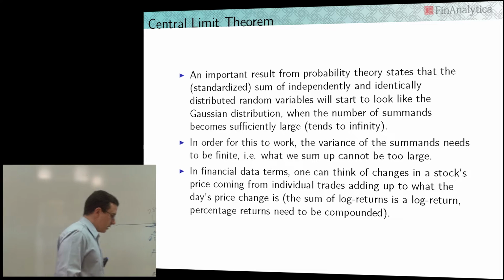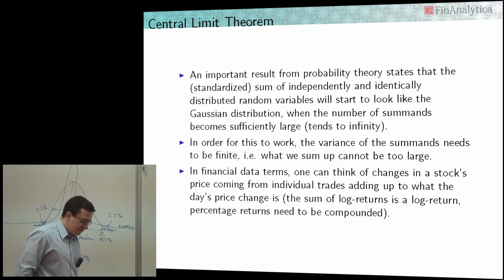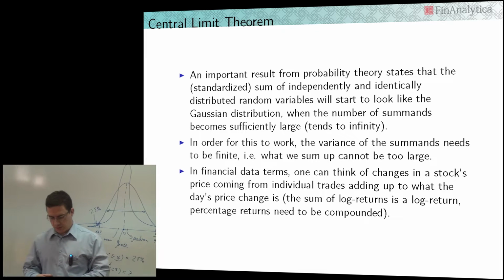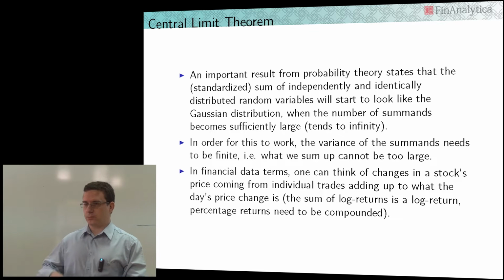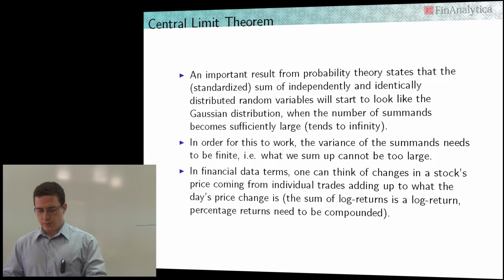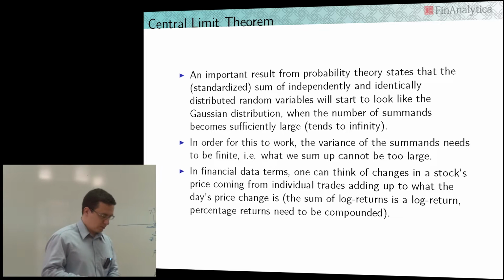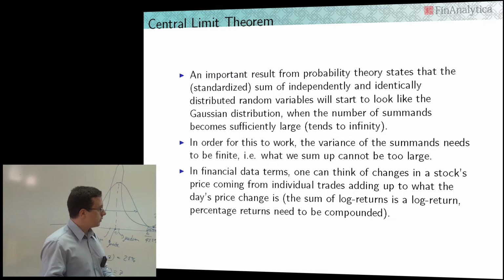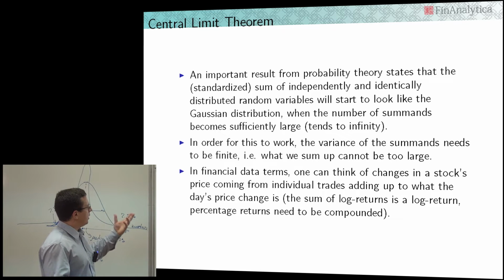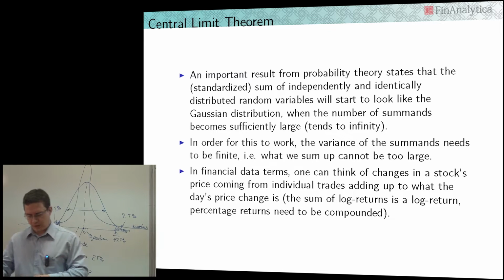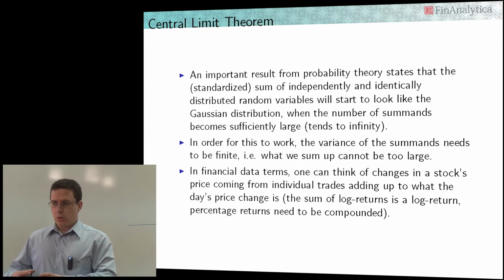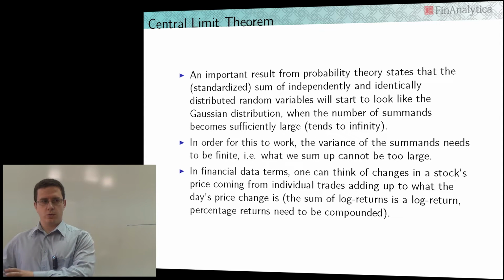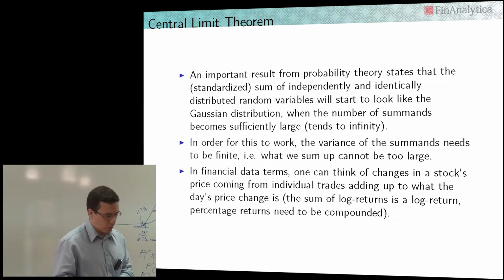But it says the following: if you take something small and you replicate it many times over, and you sum it up and do some scaling and basically standardizing it, removing the expected value and dividing by the standard deviation, this sum will tend to a Gaussian distribution when the number of summands tend to infinity, as they become more and more.